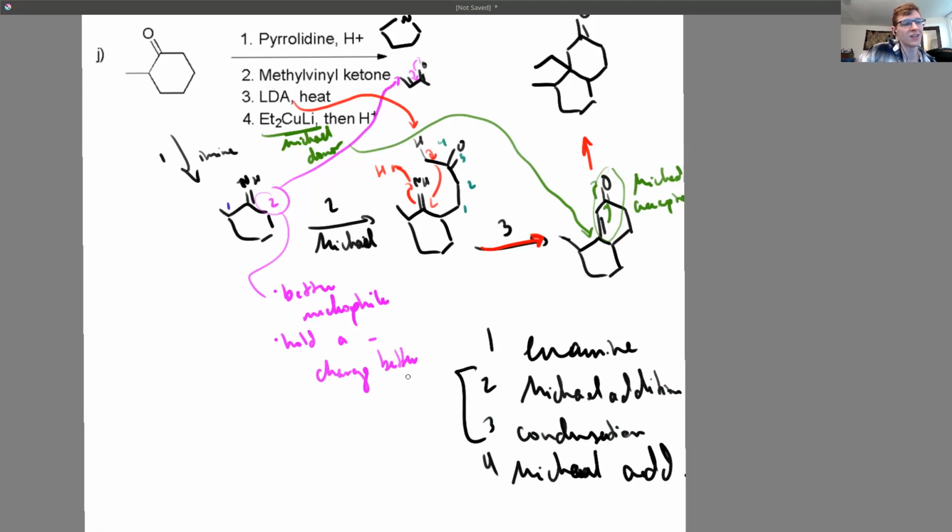And this is Robinson annulation. Okay, it's weird because we used an enamine instead of a normal ketone or normal enolate, but at the end of the day, we got the same thing out. So it's pretty much a Robinson annulation.